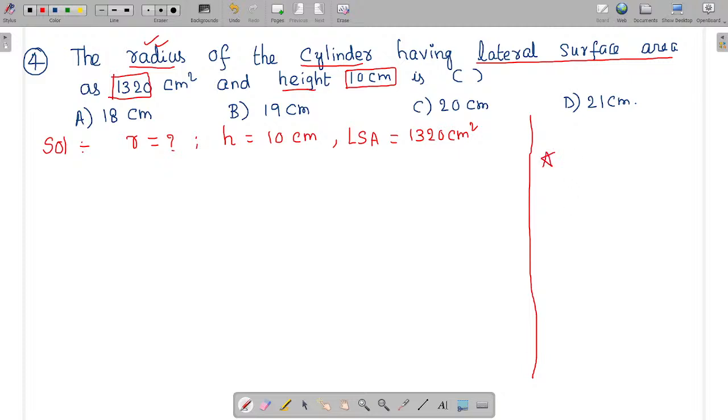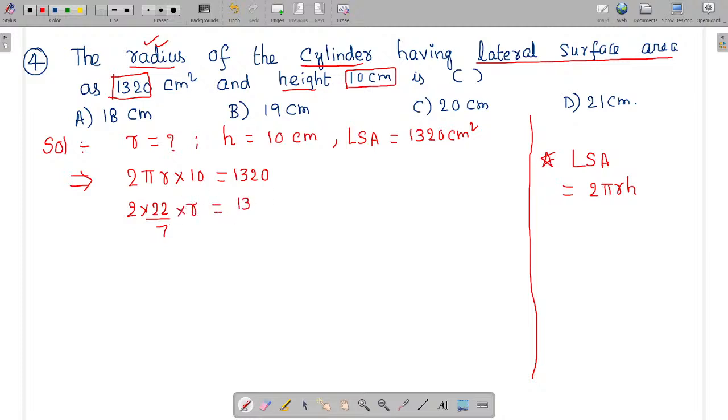The formula to find the lateral surface area of a cylinder is 2 pi r h. So here we can write 2 pi r into h, which is 10, equal to 1320. Now this is 2 into 22 by 7 into r equal to 1320 divided by 10, which is 132.